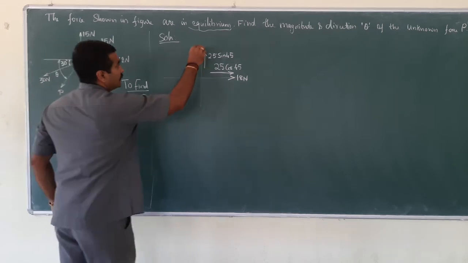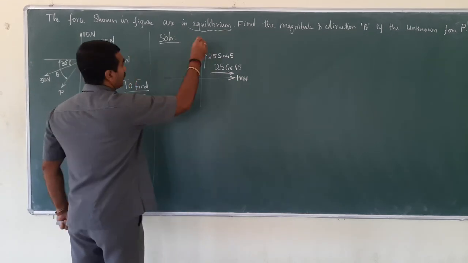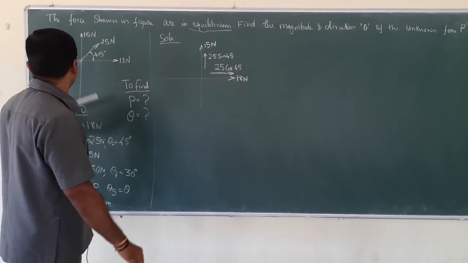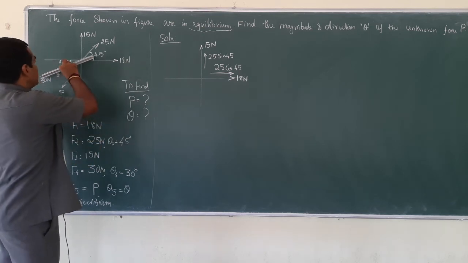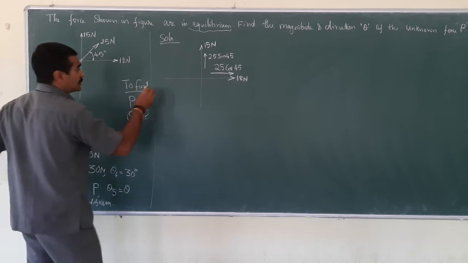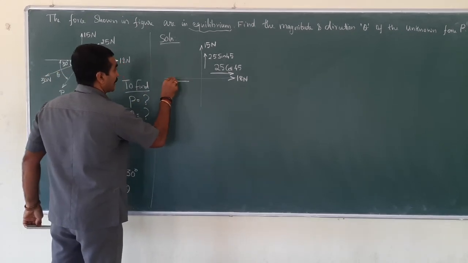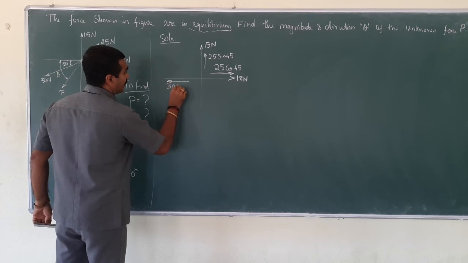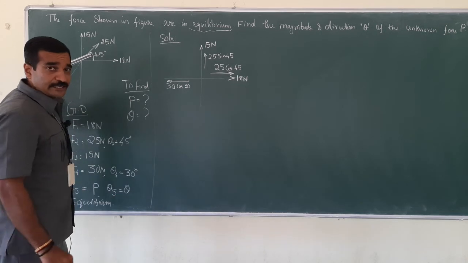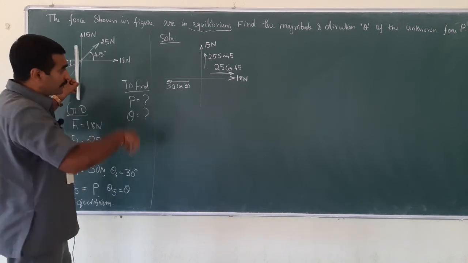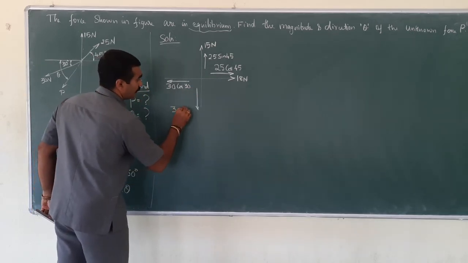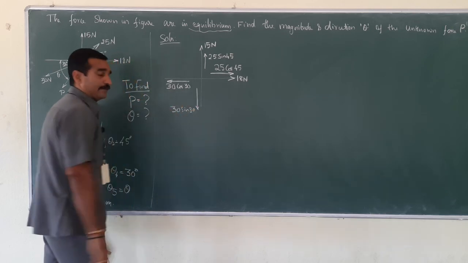Right. The next force is the vertical force of 15 Newton. This is 15 Newton. And what about this? Since the force is acting here, its horizontal component would be in this direction, which can be written as 30 cos 30, and its vertical component is vertically downwards, which can be written as 30 sin 30.